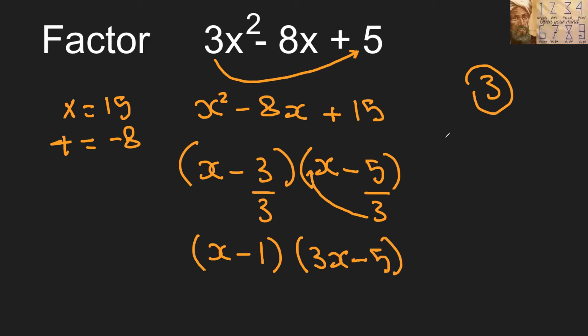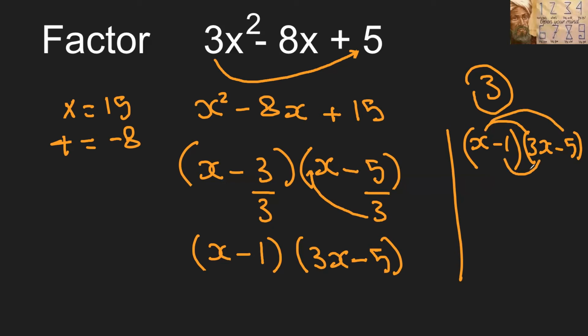And now let's say you're not convinced. So let's take this, the x minus 1 and the 3x minus 5, and FOIL this. So let's multiply this into here, and then into there, and then multiply the negative 1 into here, and multiply the negative 1 into there.